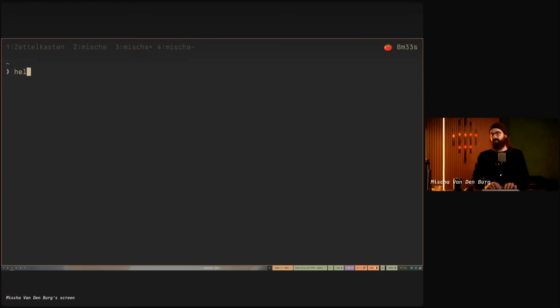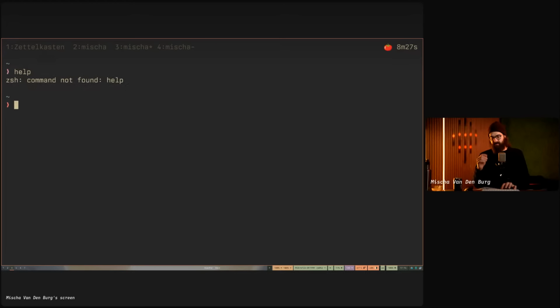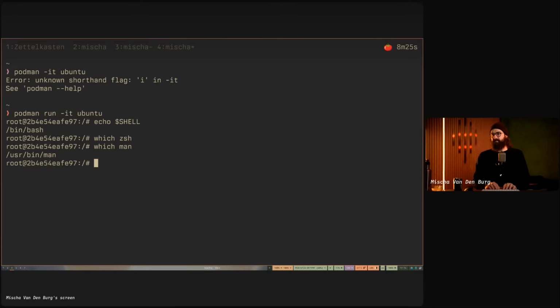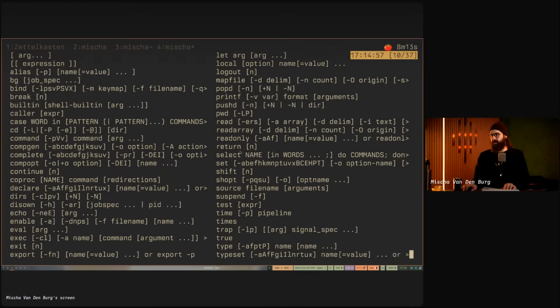I can't run the help command because zsh does not find this command. So help, but which help? Yeah, so if I run help in this Ubuntu environment, suddenly I get all sorts of information about this.